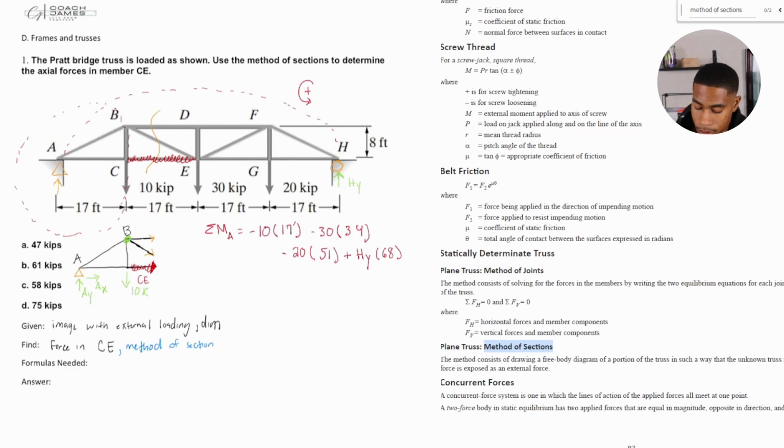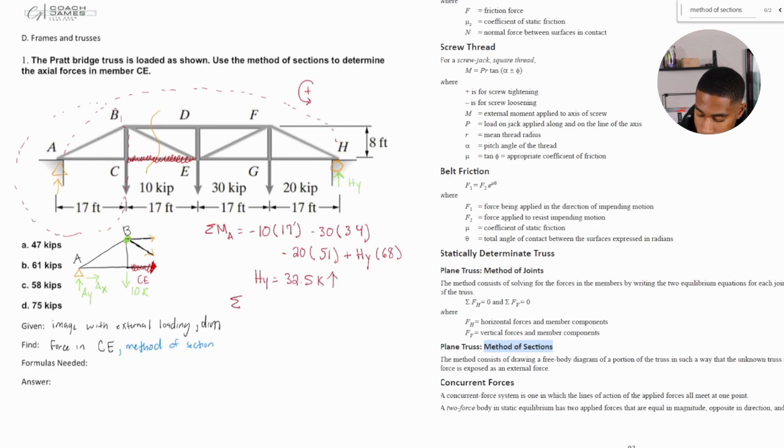And so for HY, I get HY is equal to 32.5 kips, in the upward direction.